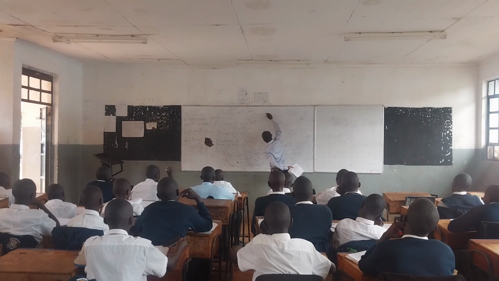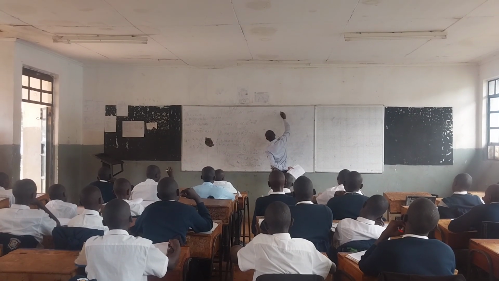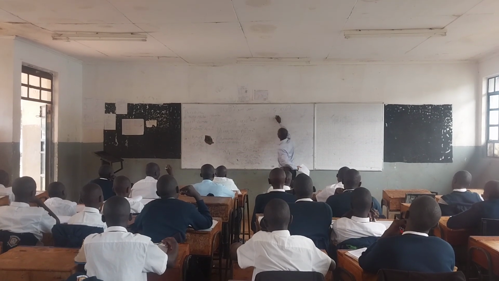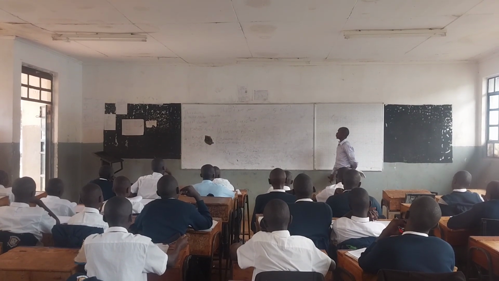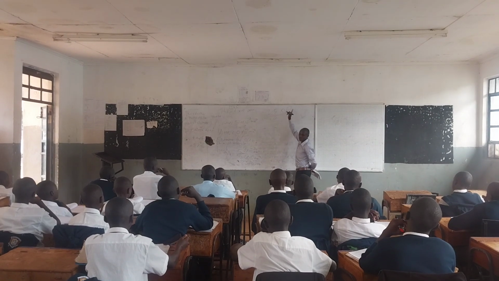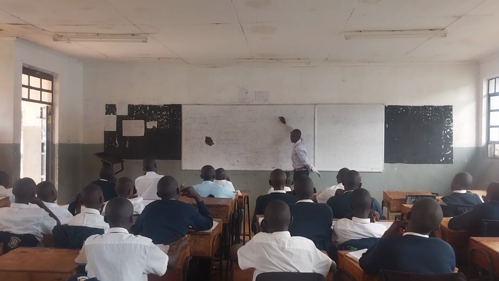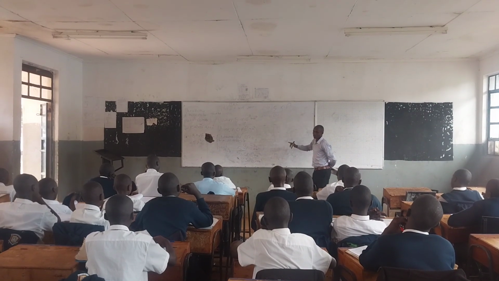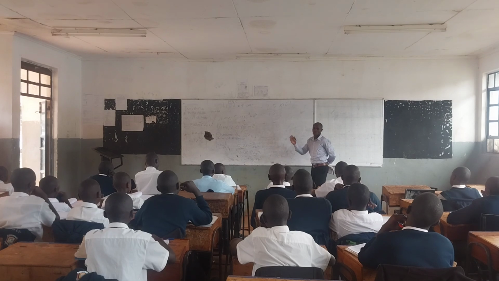Now it will be 2.5 times 10 negative 7. Now into centimeters. When we put 10, it will be millimeters to centimeters, then we add 2 zeros, from centimeters to meters.